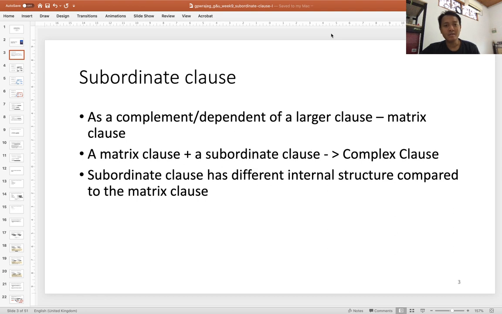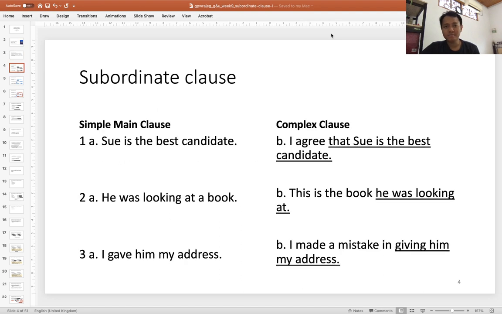We will see in a later video that a complement clause can also function as a modifier of a noun. A complex clause consists of a subordinate clause and a matrix clause, a main clause. Now we will see the different types of subordinate clause.